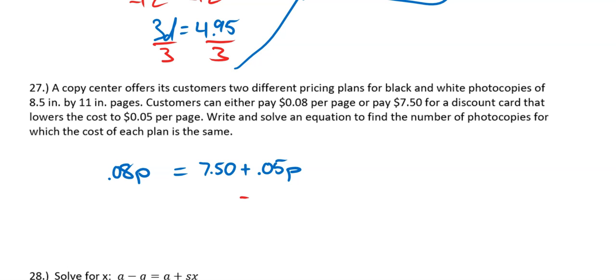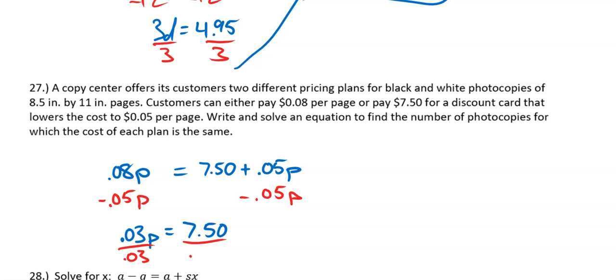Again, get the variables on the same side first. So I'm going to get these p-values together. And then divide. Always running out of space.